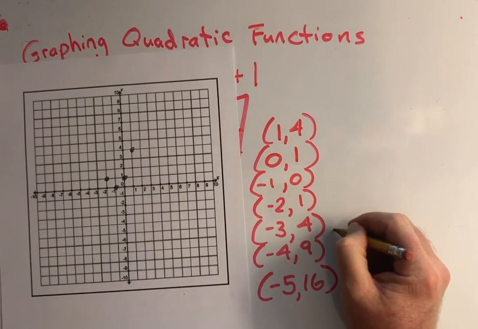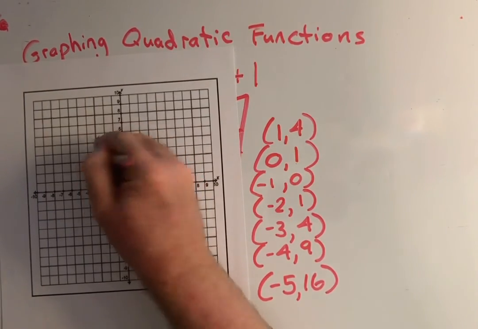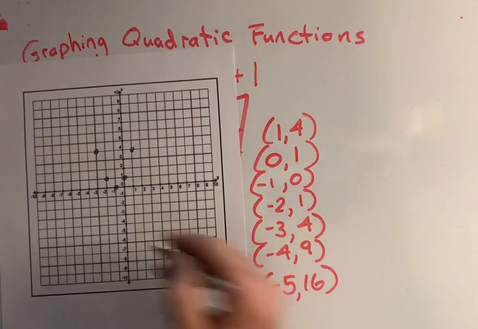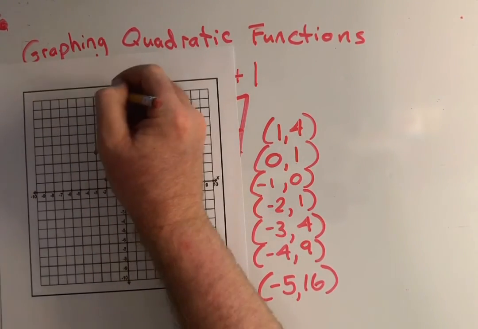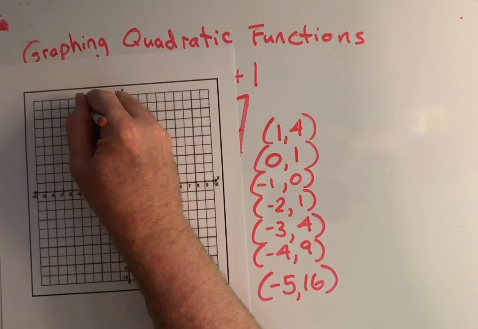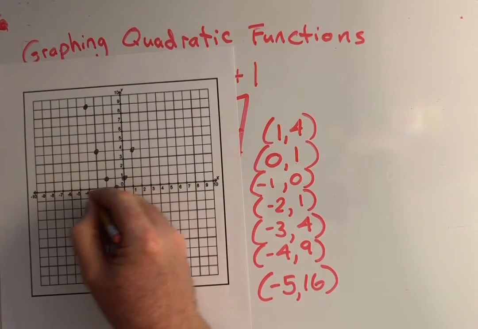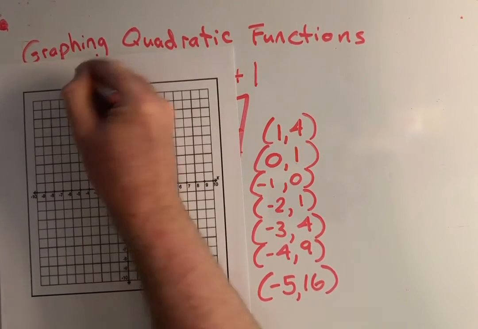All right, we go negative 3, up 4. See how that's going to swoop there? Now we have negative 4, 9. Negative 4, up 9. Right there. All right. Now we have negative 5, 16. Uh-oh. Our graph doesn't go that high. So we'll go negative 5, and then 16 is going to be somewhere up here.